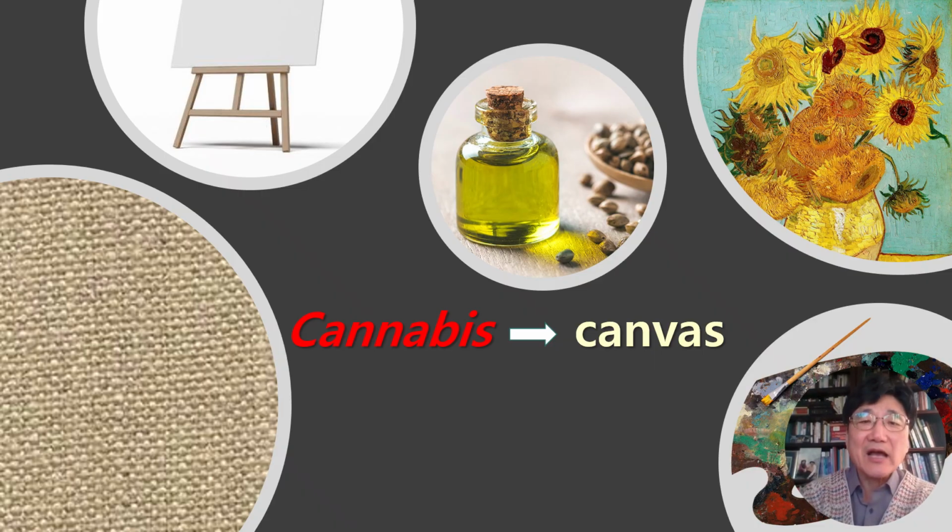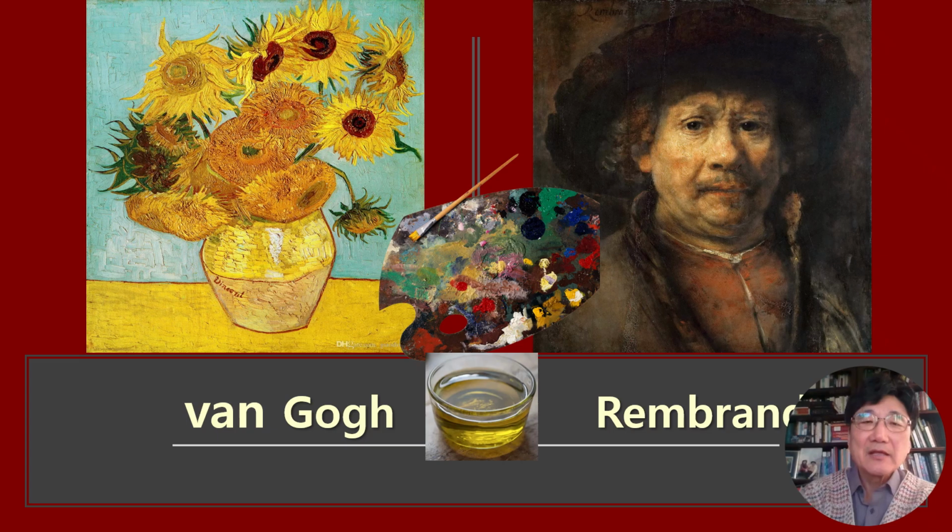Most canvases are made with cannabis fiber because of its high strength. Cannabis is a genus name for cannabis plants, and the word canvas is derived from cannabis. These images are famous paintings by the Dutch artists Van Gogh and Rembrandt.